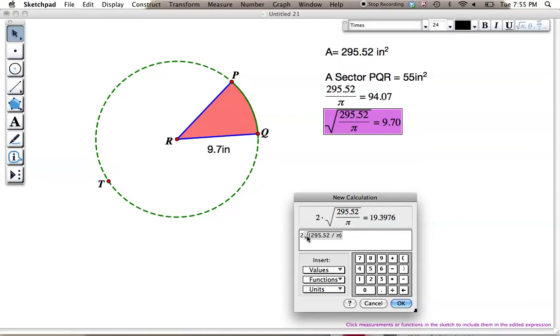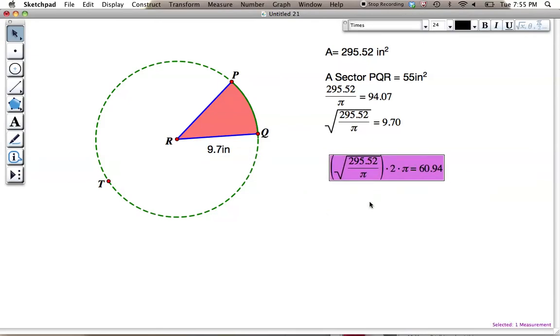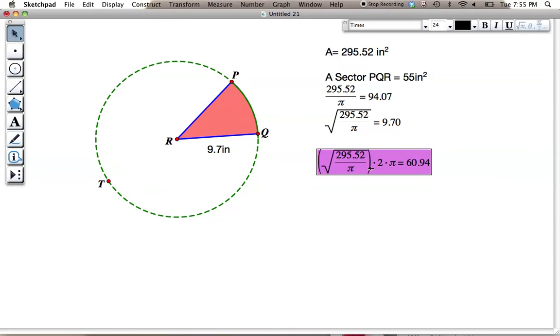It's not letting me do that, so I'm going to multiply it at the end here. Okay, and we get 60.96 as our circumference.